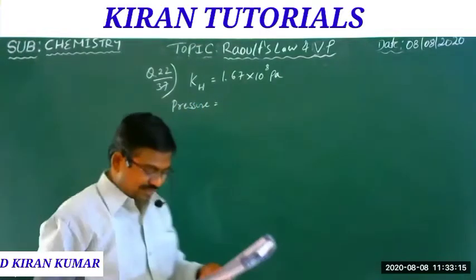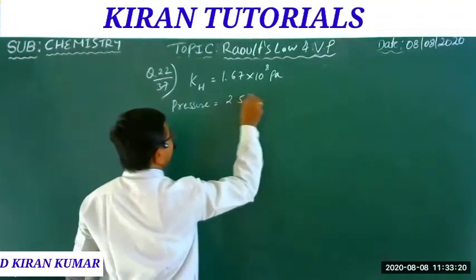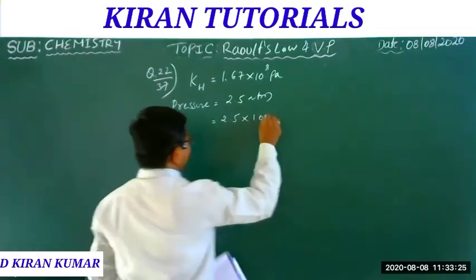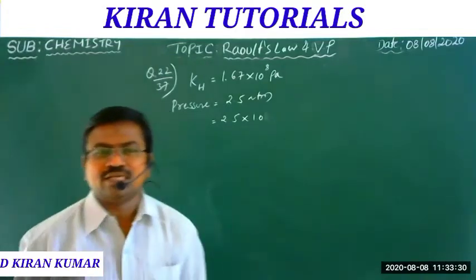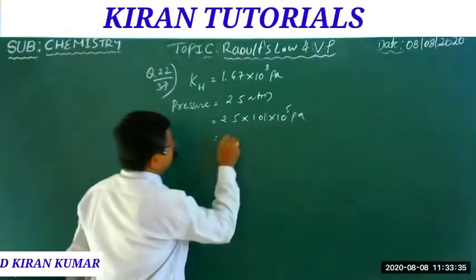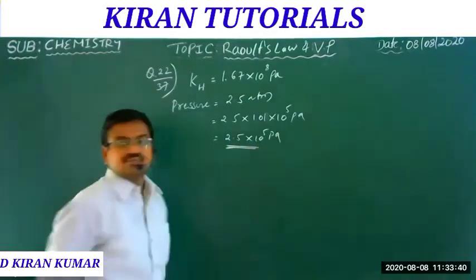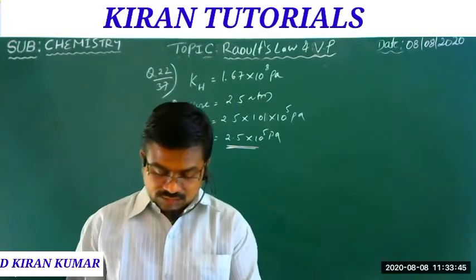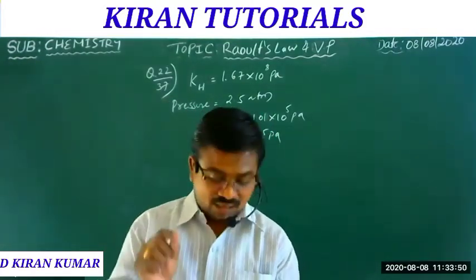Pressure is equal to 2.5 atmosphere. 2.5 atmosphere is converted into Pascal, 1.01 into 10 power 5 Pascal, that equals 2.5 into 10 power 5 Pascal pressure here. Then the quantity of carbon dioxide in 500 ml of soda water.